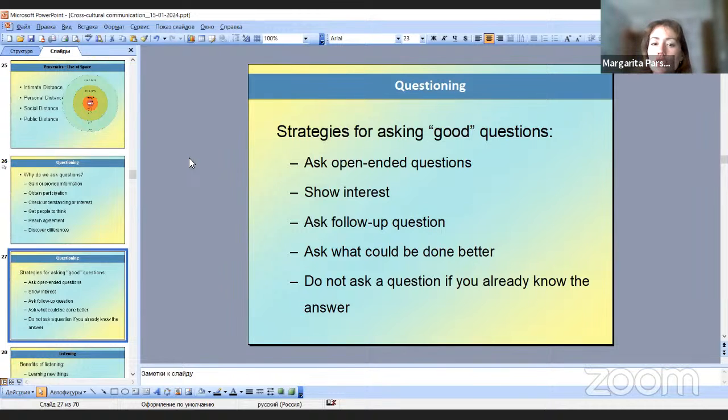Good questions which show interest. You must be interested in the opinions of the other person. If a question shows interest to the other person, it is considered a good question, and it will lead to mutual understanding. Ask follow-up questions.